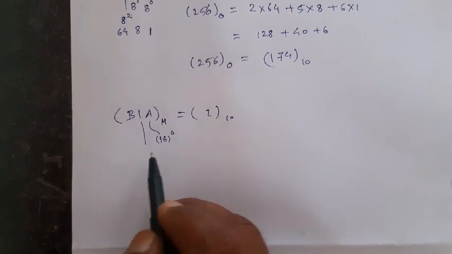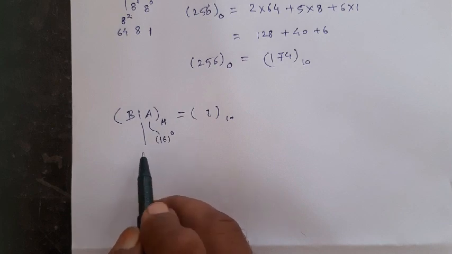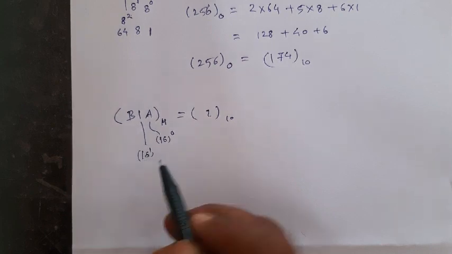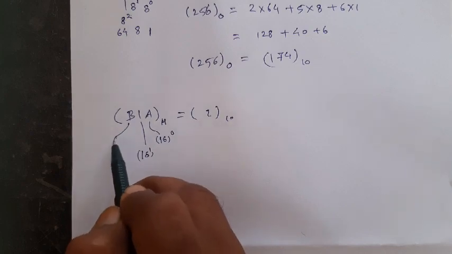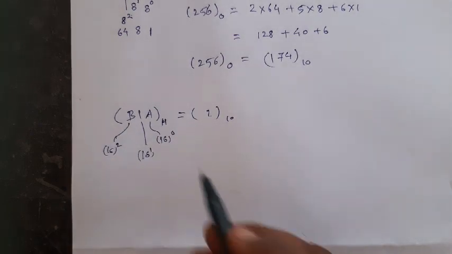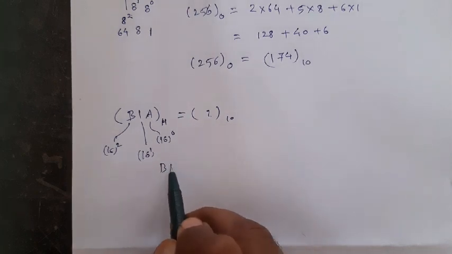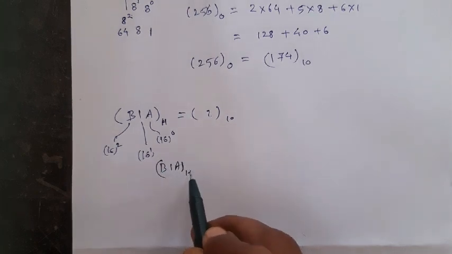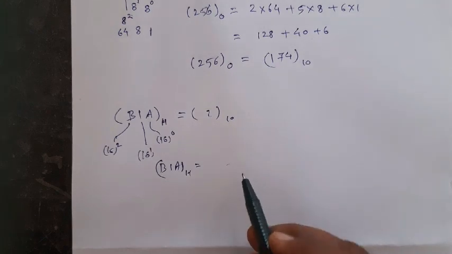The place value for the next significant position is 16 raised to 1, and the place value for the next significant position is 16 raised to 2. Okay, and if I will have to write the number, it is B1A in hexadecimal number system to decimal number system.